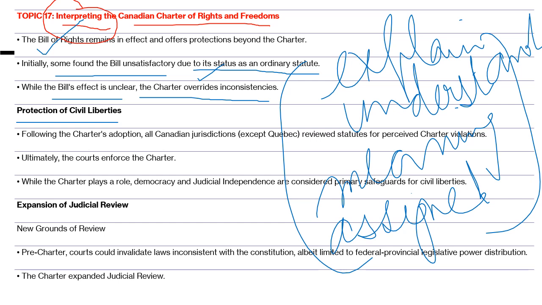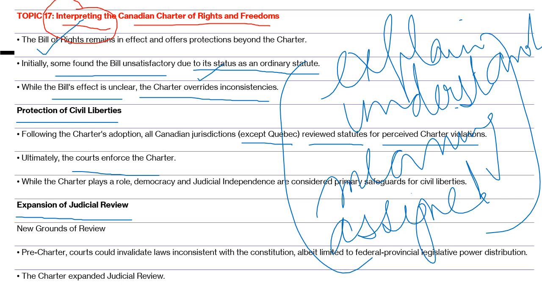Following the Charter's adoption, all Canadian jurisdictions except Quebec reviewed statutes for perceived Charter violations. Ultimately, courts enforced the Charter. While the Charter plays a role, democracy and judicial independence are considered primary safeguards for civil liberties. So the Charter plus democracy and judicial independence, all these three things together provide for civil liberties for the people of Canada.